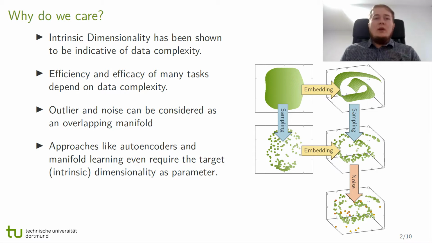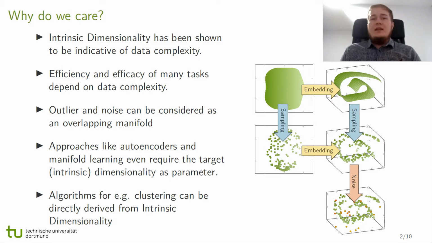In case they are unable to learn the manifold, that happens likely due to bad assumptions, in which case we argue that involving the same assumption-based bias introduces a better result. In addition to that, even entire algorithms for problems like clustering have been directly derived from intrinsic dimensionality estimates, which can be applied if different clusters have different intrinsic dimensionalities.